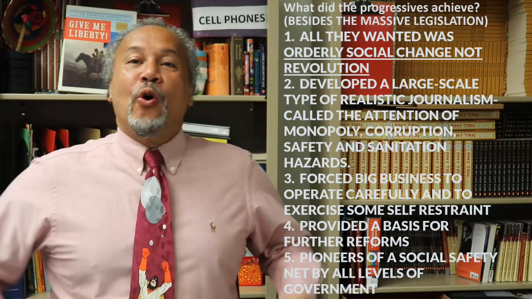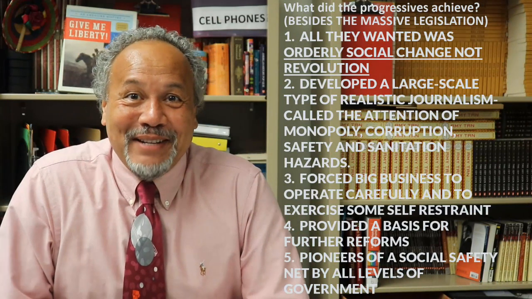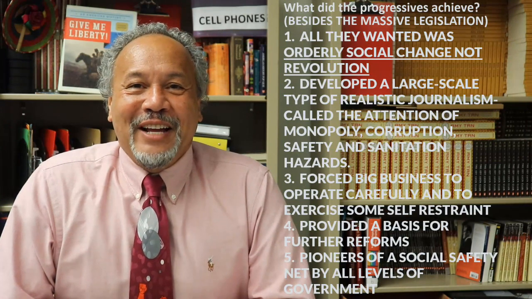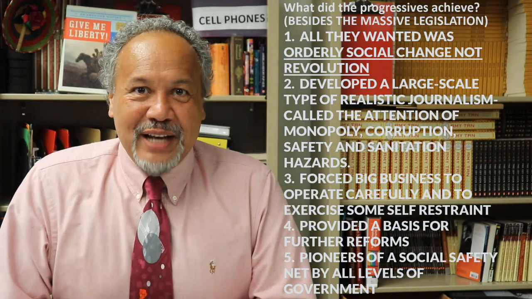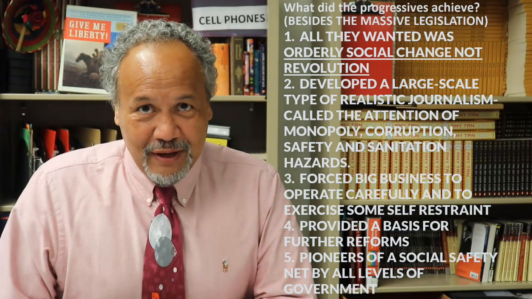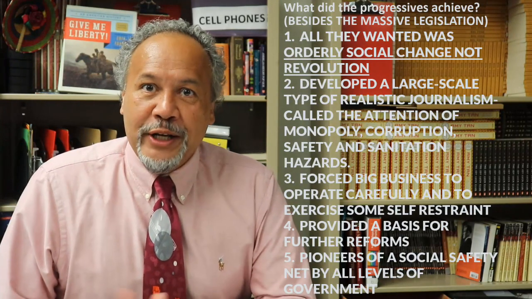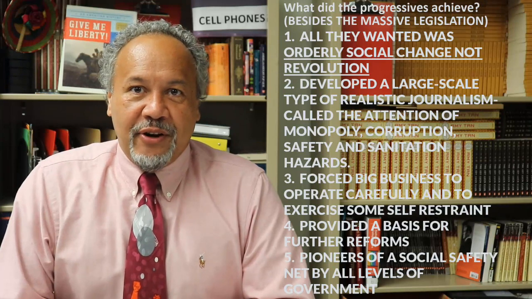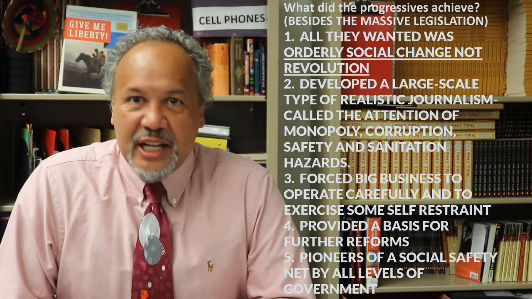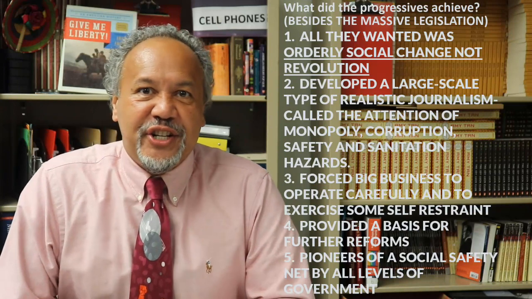They all wanted orderly social change. They didn't want revolution, and for the most part, that's what they wanted. They wanted to keep the capitalist system in there. They really usher in the era of realistic journalism, that's not as sensationalized, it's actually helpful and conducive for society to do some investigative reporting, if you want to use a modern-day 20th century term at this time, exposing some societal challenges, exposing unfair labor practices, conditions in the city.